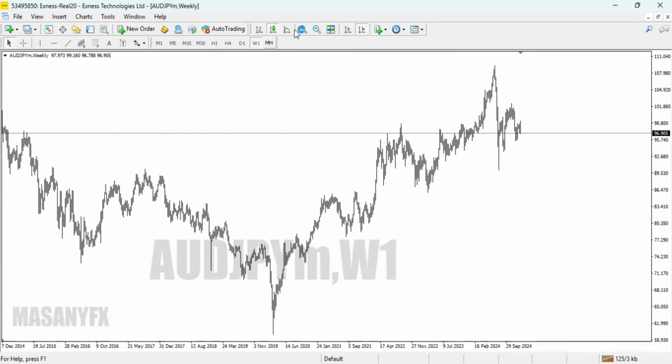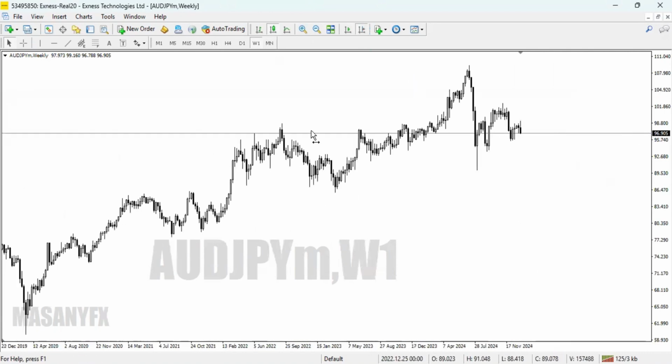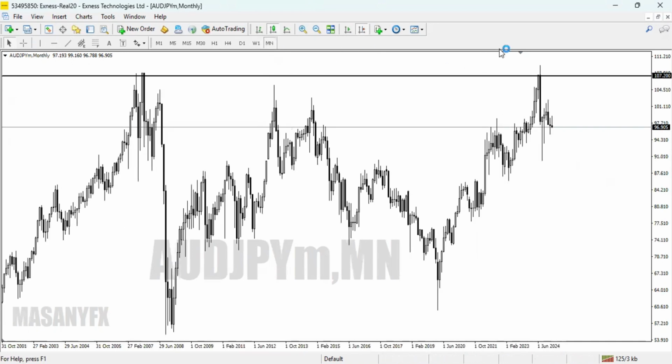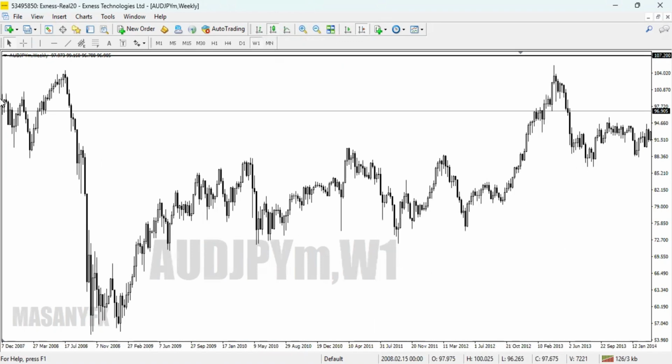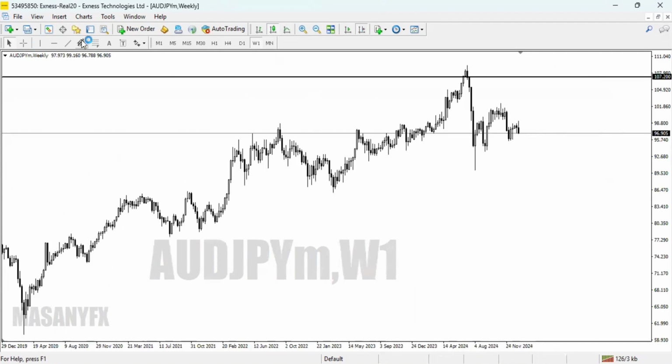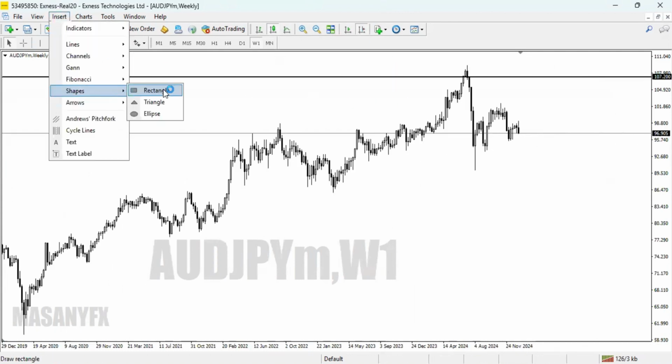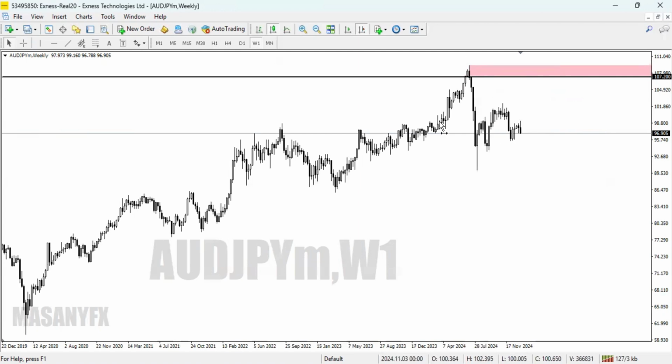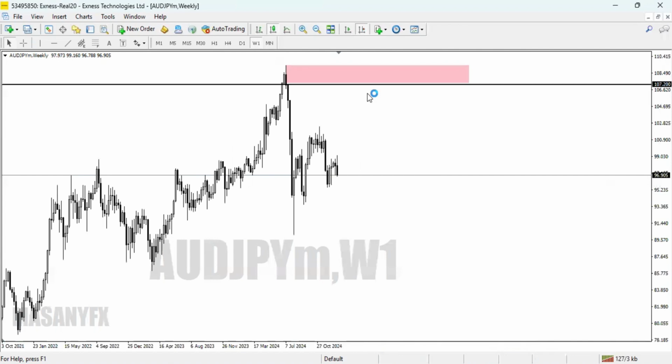So what we have here, after making this fake out, it left a very important thing, which is a supply zone, a fresh supply zone. So in future, we are expecting to sell AUDJPY here, not now.